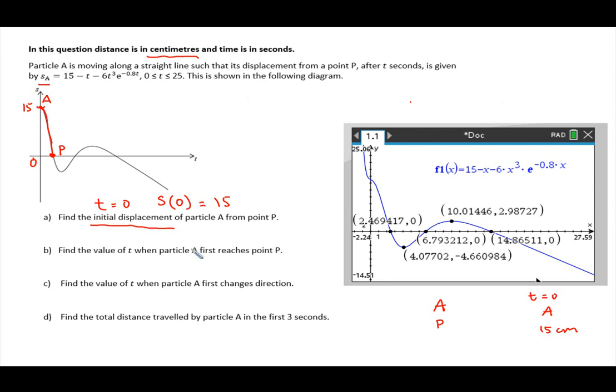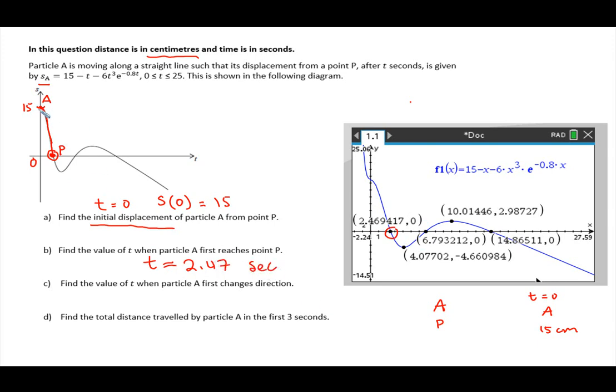Okay, let's take a look at part B now. Part B says find the value of t when A first reaches point P. A first reaches point P at this spot right here. Looking at our graph, that's this x-intercept. So the time is approximately 2.47 seconds.